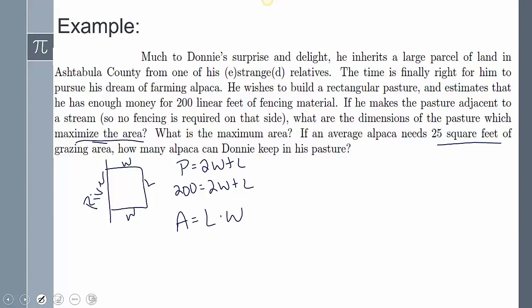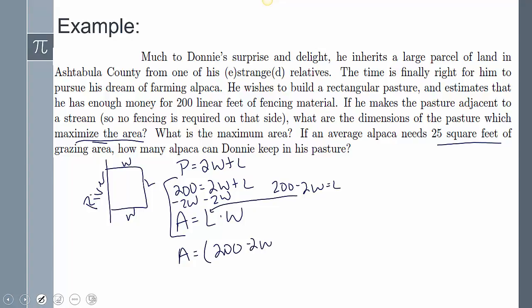So now I have a system of equations, and so I'm going to have to do some substitution. If I subtract the 2W, I'm going to get 200 minus 2W equals L. So now I can plug it back in. Area is going to equal 200 minus 2W times W, which in terms of W would be minus 2W squared plus 200W.